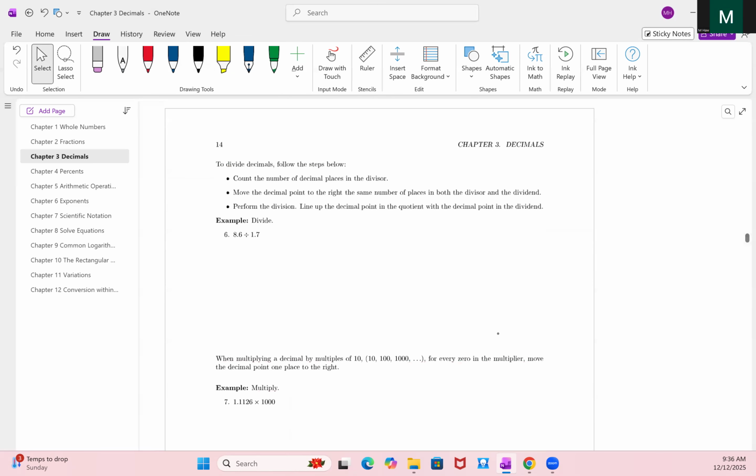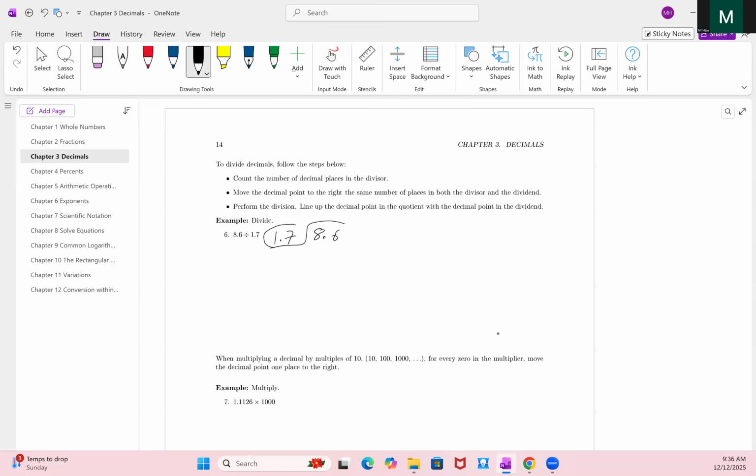To divide decimals, follow the steps below. Count the number of decimal places in the divisor. Move the decimal point to the right, the same number of places in both the divisor and the dividend. Perform the division. Line up the decimal point in the quotient with the decimal point in the dividend. So here we're dividing 8.6 by 1.7.